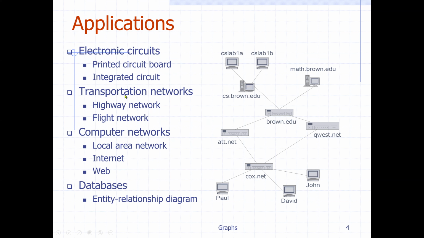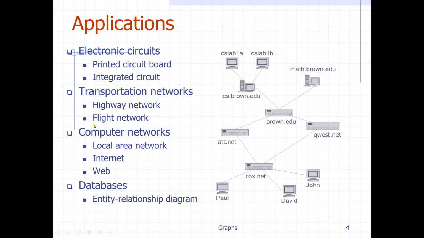Another example is a transportation network system. We may have a highway network, and normally in a highway network, the vertices will represent the cities or the source, and the edges represent the distance between the cities, from origin to destination.